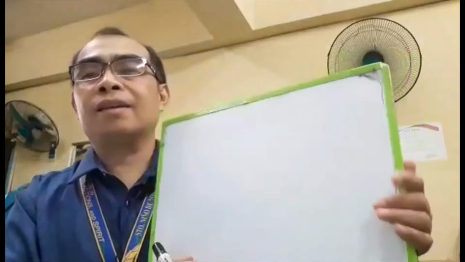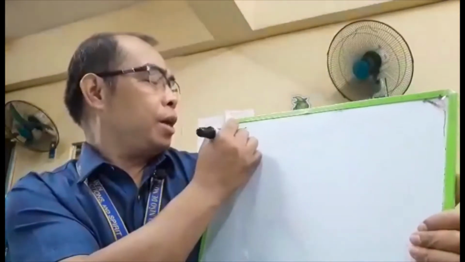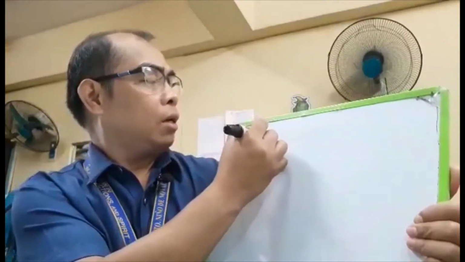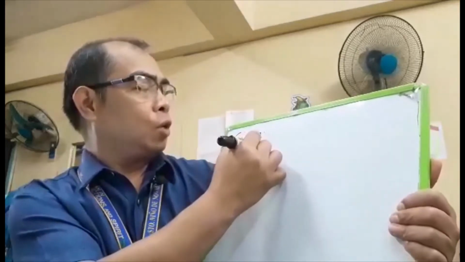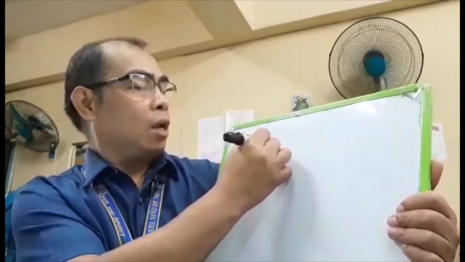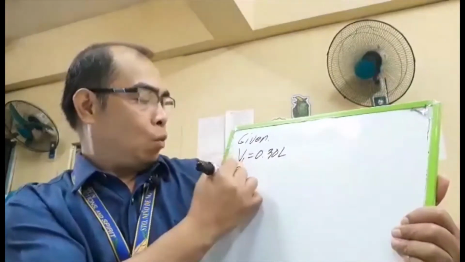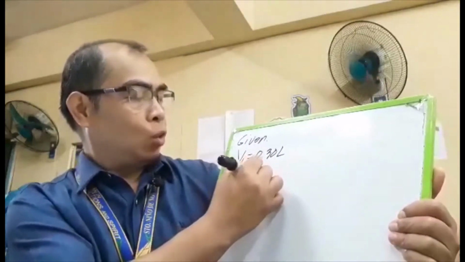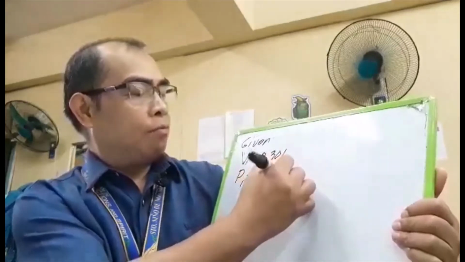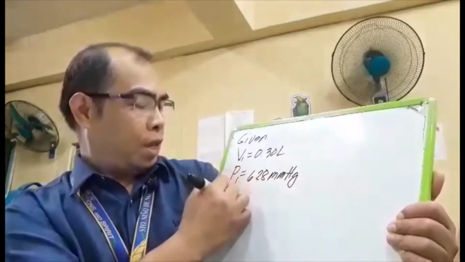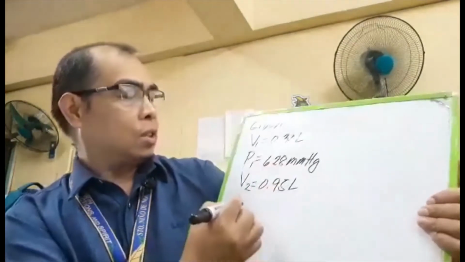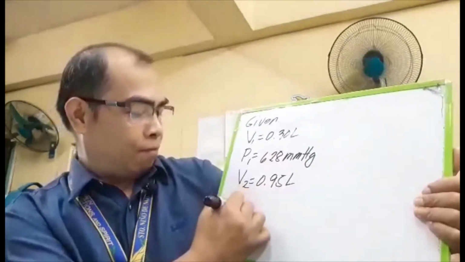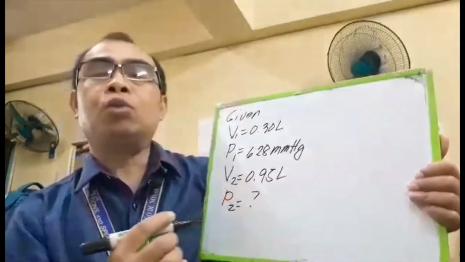Now, let us identify the givens from the problem. First, we have V1 or initial volume, which is 0.30 liters. We have P1 which is 628 millimeters of mercury, and we have V2, which is 0.95 liters. Ang hinahanap natin is P2.